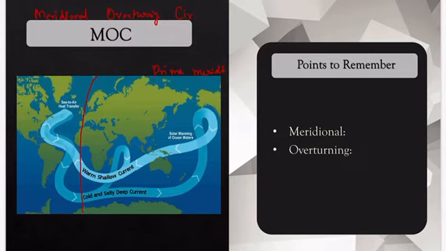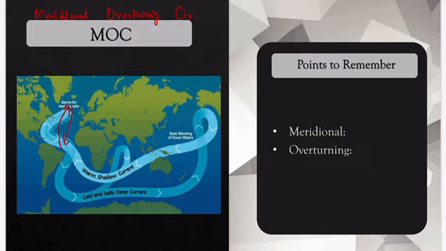So a meridian is nothing but an imaginary line running between the poles. So here also the idea of meridional connotes the same idea, that the ocean current is moving along the meridians. So like this, okay, it is moving like this, and then it is moving like this.